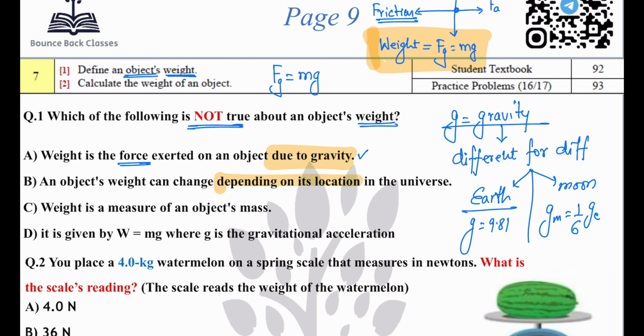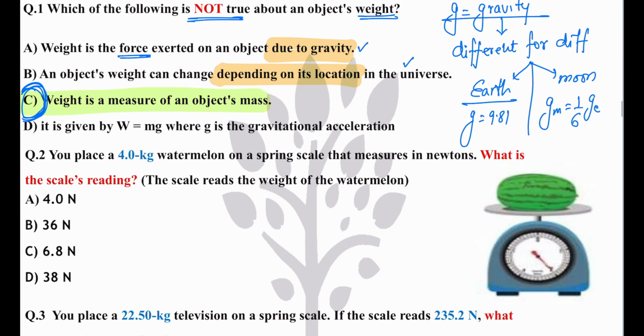Yes, it can change. Very good. It's also correct. Weight is a measure of an object's mass. No, not at all. Weight is mass and gravity. So this is the answer. Clear? Fine? Okay.